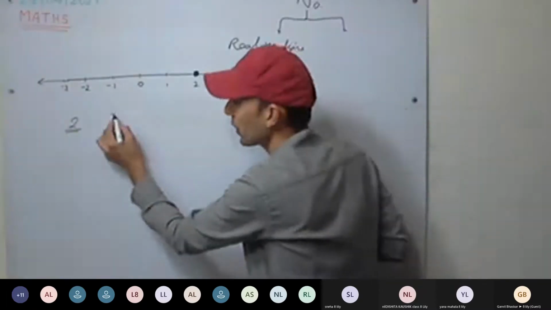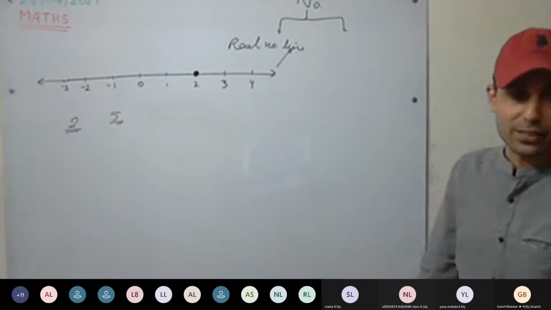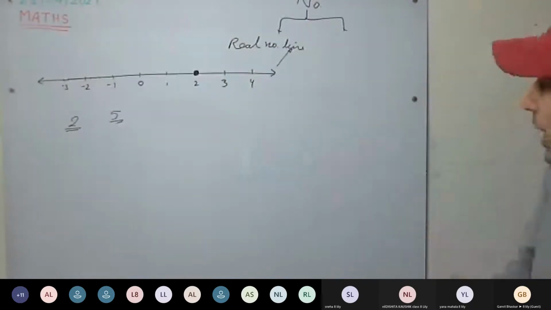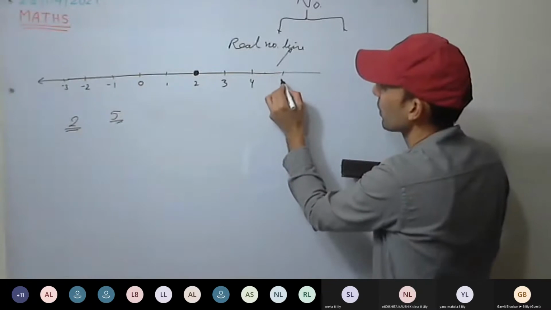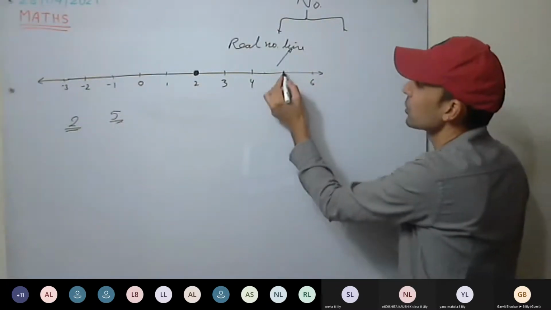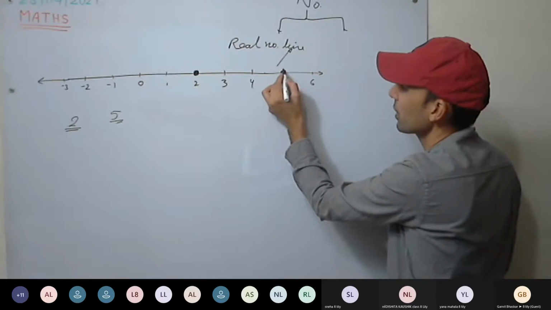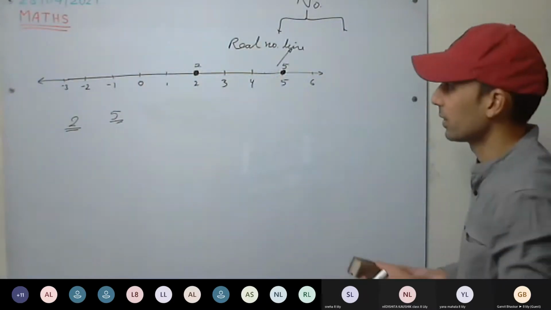If we have to represent 5, how can we represent 5? We mark 5 on the number line, and 6 too if you want. This is our 5, this is our 2. Understood this one?